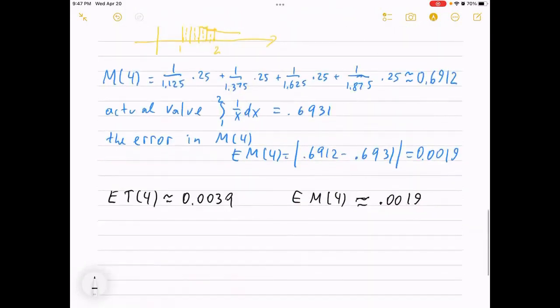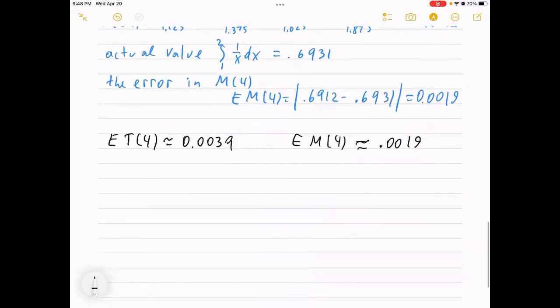If you look at these numbers, both trapezoid and midpoint are very accurate, and we can build up on that. We can take a weighted sum of trapezoid and midpoint and get an even better answer. So that's what we're going to be doing next. That is the so-called Simpson's approximation.